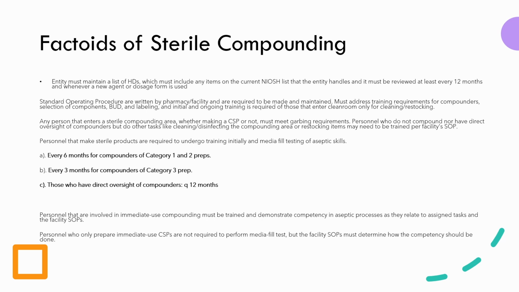Any person that enters a sterile compounding area, whether making a compounded product or not, must meet garbing requirements. And personnel who do not compound nor have direct oversight of compounders but do other tasks like cleaning or disinfecting may need to be trained per the facility's standard operating procedures.